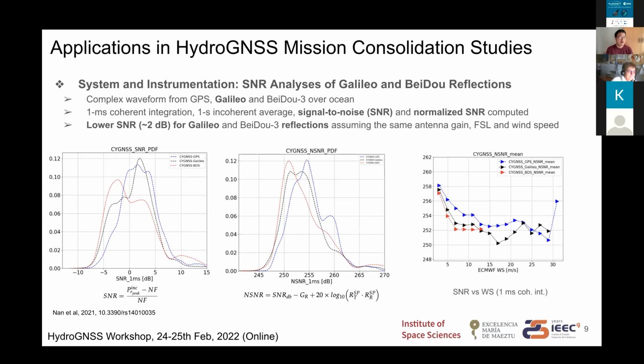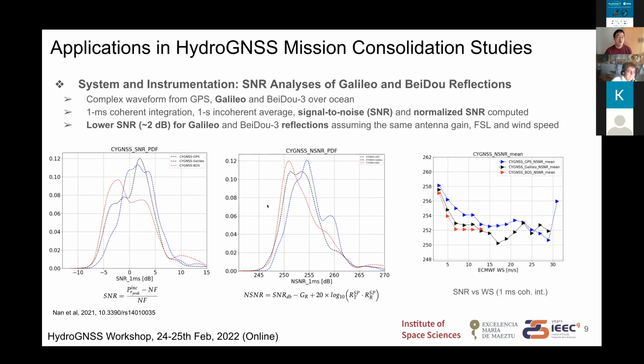In HydroGNSS, as you know, we will also receive the reflected signal from Galileo E1. To better understand if we can receive the Galileo signals with enough signal-to-noise ratio, we compare the signal-to-noise ratio of the reflected signal from GPS in black, Galileo in blue, and BeiDou-3 in red.